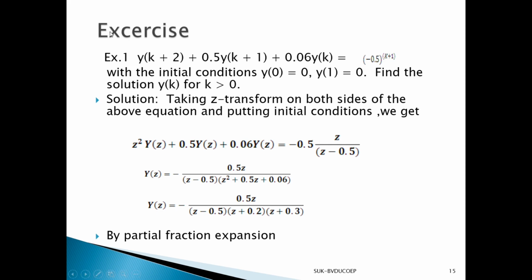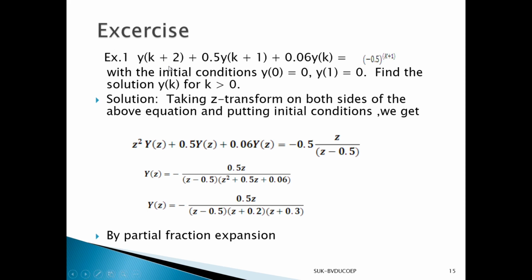Now here, because this is a sequence, initial values are given. If it is given you consider it, if it is not given assume 0. Now here the initial conditions are y(0) is 0 and y(1) is 0. So 0 only is given. If some value is given here, you have to substitute that value in the equation. Find the solution y(k) for k greater than 0.